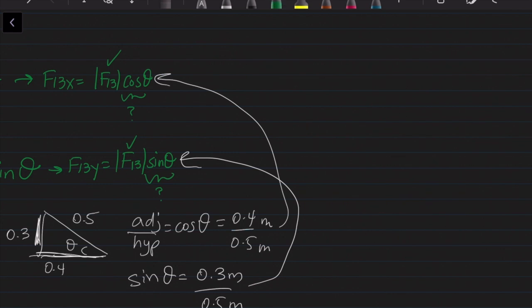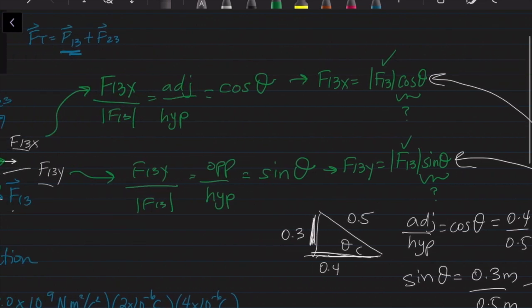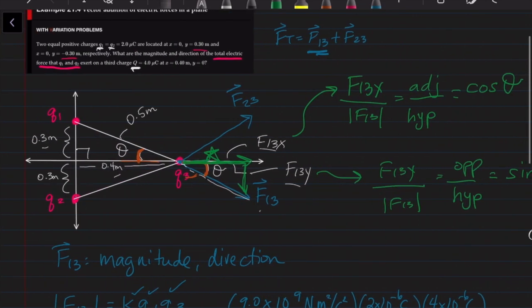Let's now write out our vector. F13 vector has an x component equal to F13 magnitude, which was 0.29 newtons, times cosine theta, which was 0.4 meters over 0.5 meters. What direction? Positive x direction, right?